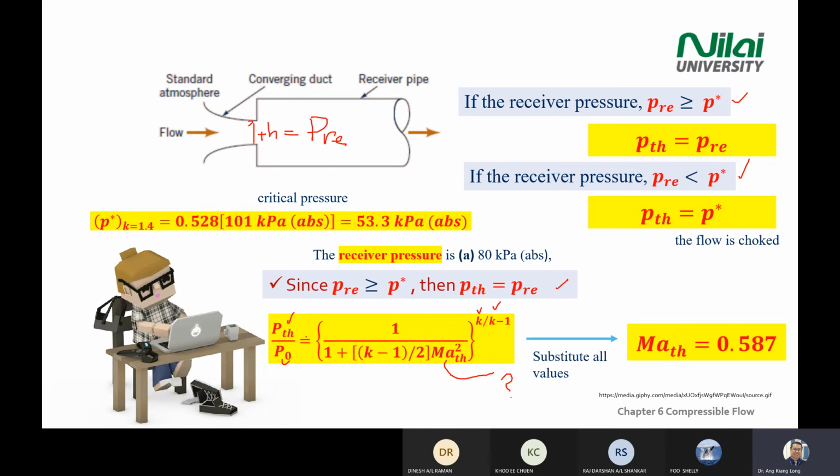So inside this equation, only one parameter missing, which is the Mach number. So you substitute all the value, rearrange the equation, you get Mach number at throat is 0.587.